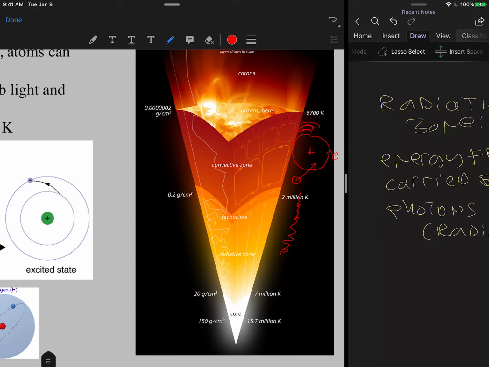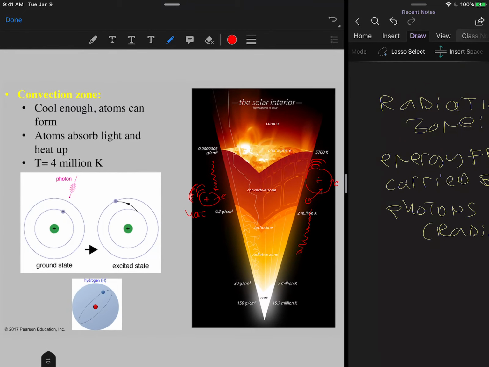I'll just retry that again here. So you have your hydrogen atom over here, which is cool. A photon from the bottom comes in, and when the photon is absorbed by the atom, that atom gains energy, and the atom becomes hotter, and that atom is able to float upwards, just because of the very fact that it's hotter.